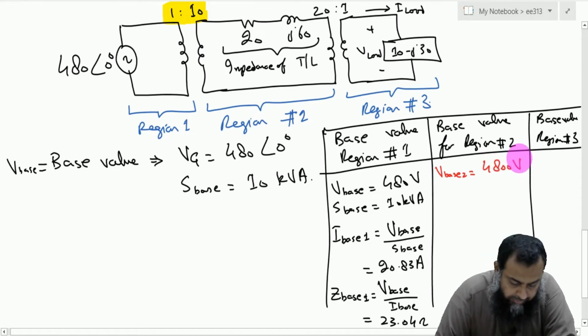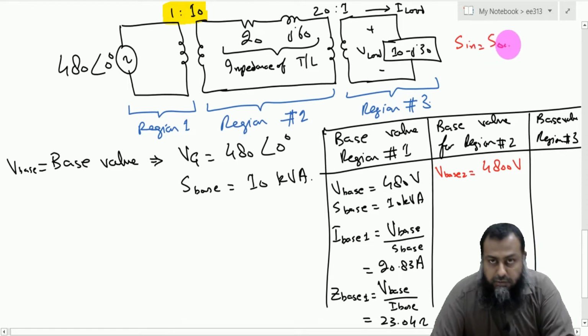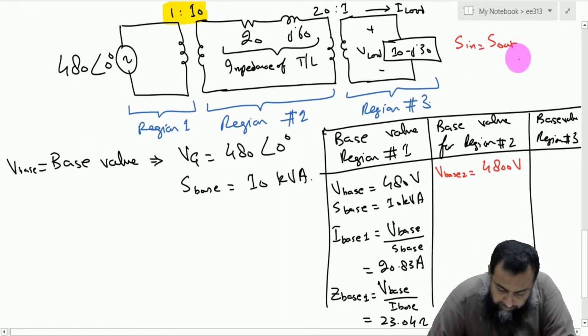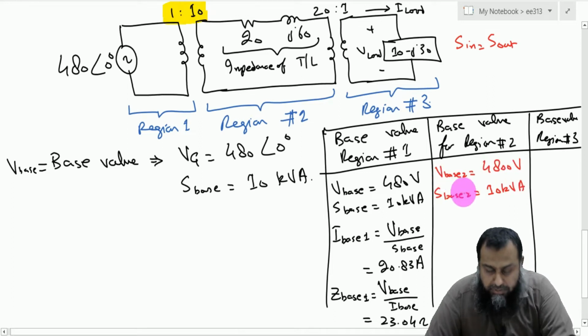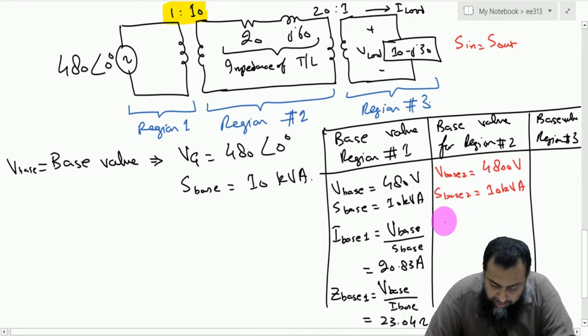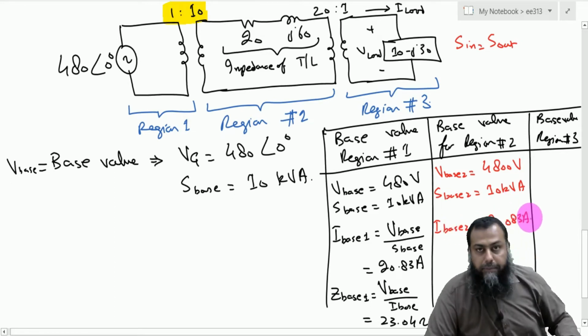But like I have said, for a lossless transformer, the input power is equal to the output power. So is the case with the apparent power. So S in is equal to S out, and therefore S base 2 remains essentially the same, 10 kVA. Now because V base has changed, the I base 2 is equal to 2.083 ampere, right?